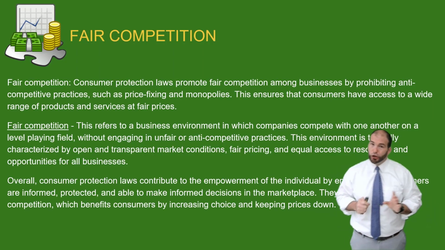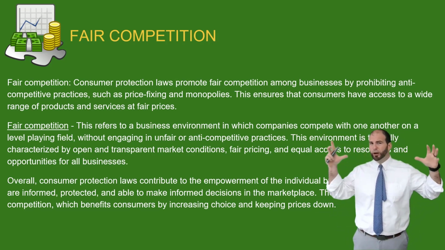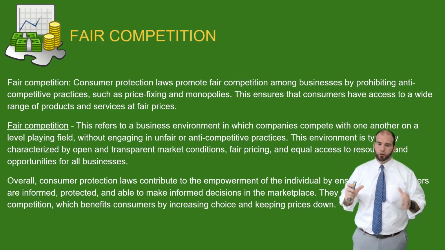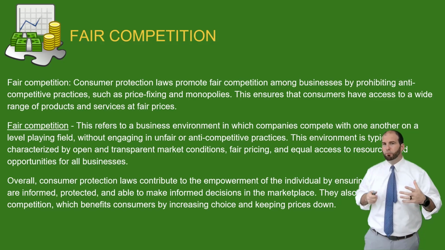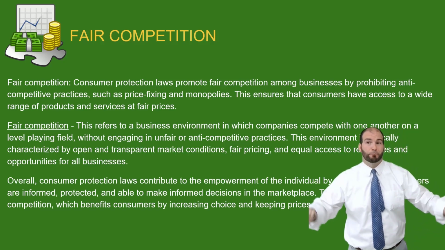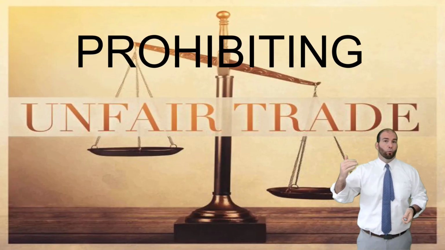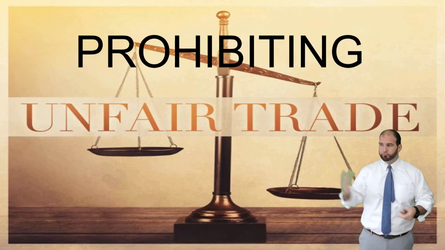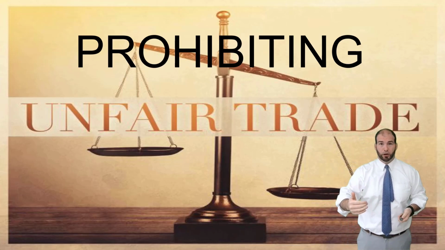All right, so a huge part of, and this is more an abstract concept, a huge part of the consumer protection laws is trying to make it a better place for consumers to function and buy things. So collectively speaking, the goals here in the consumer protection realm is to prohibit unfair trade, all right?